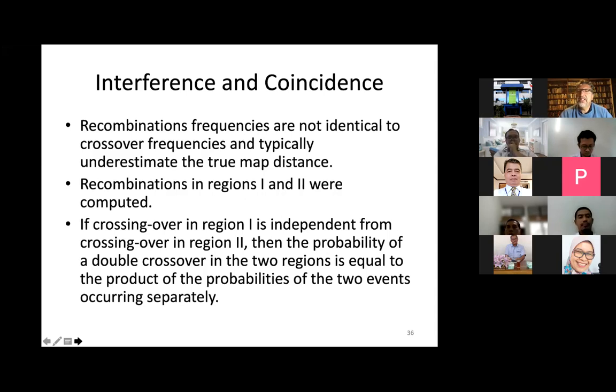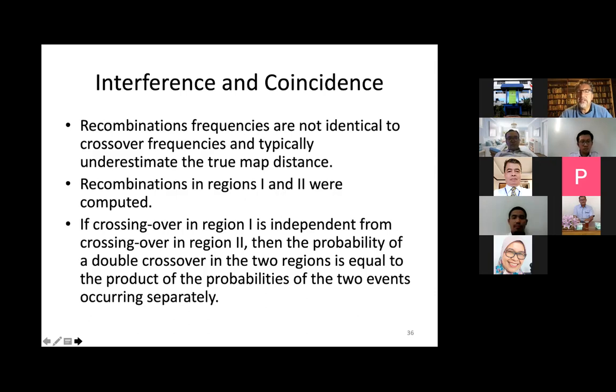So the recombination frequencies are not identical to crossover frequencies, and typically they underestimate the true map distance. Okay, so that's the first point we need to make. We detect, as I told you before, recombination frequency, but the crossover can be there and we do not detect it.